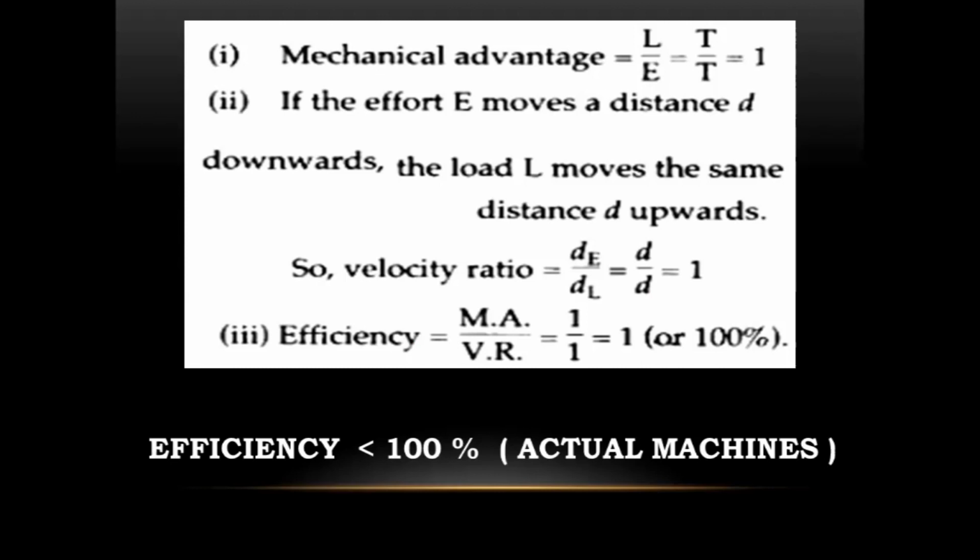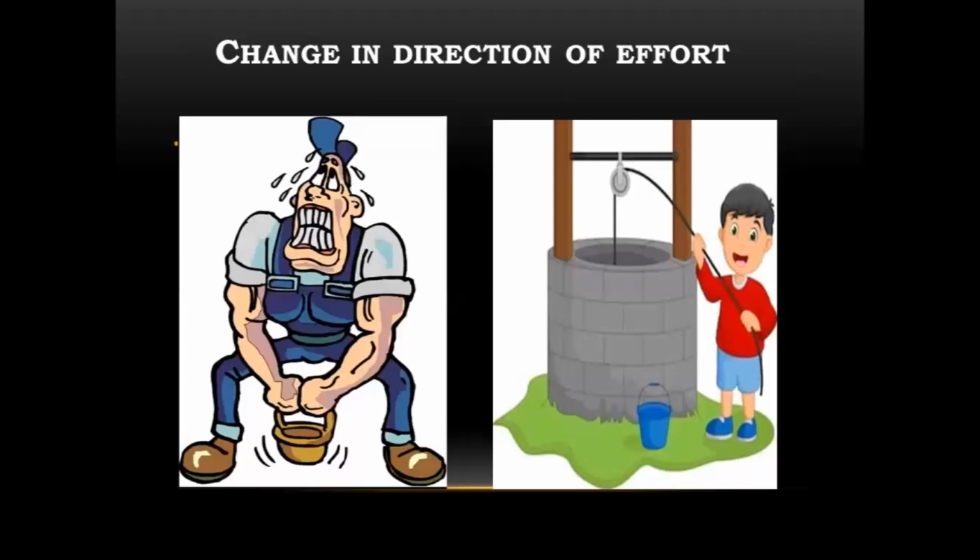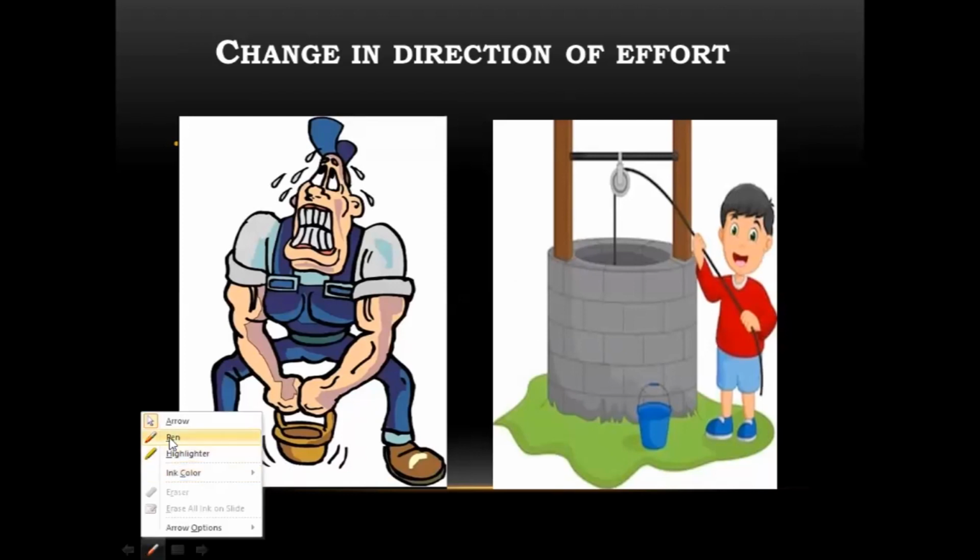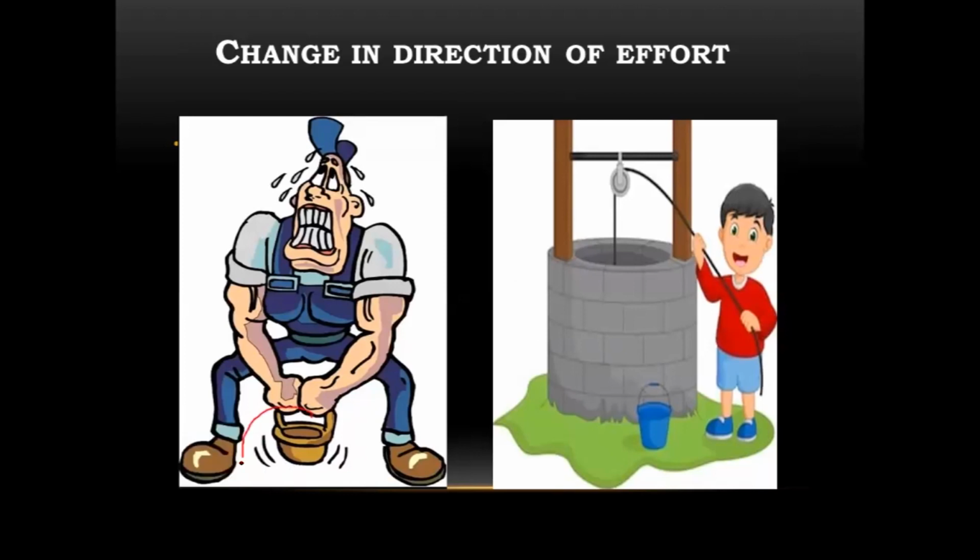So what is the advantage that I get in a fixed pulley? There is one huge advantage. If you are asked to move a weight upwards, see, here you have a mass, you consider it as a weight, and you're supposed to move it upwards by applying a force upward. Then it's quite difficult.